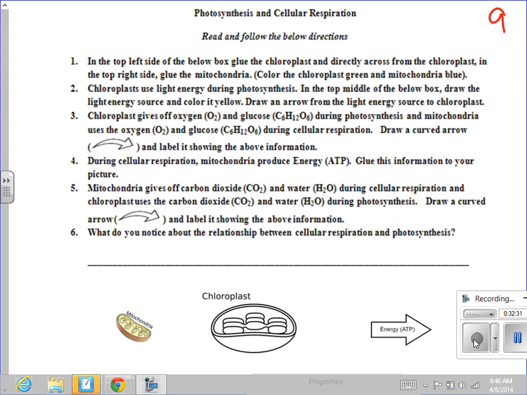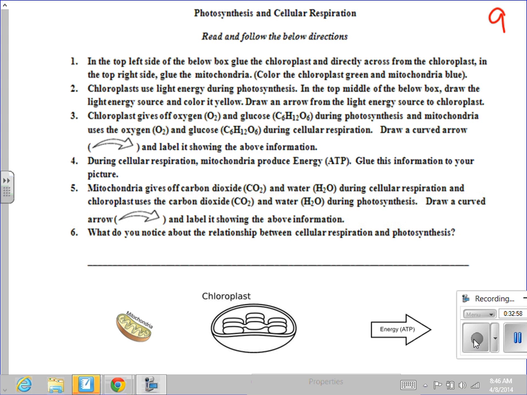At the bottom, you see the chloroplast and the mitochondria. You're going to be cutting these things out, and you're going to glue them following directions. Then it tells you that you're going to be coloring your chloroplast a certain color and coloring your mitochondria. Then you're going to move on to step 2 and follow those instructions. I'm not going to read them all because you can read and follow instructions.